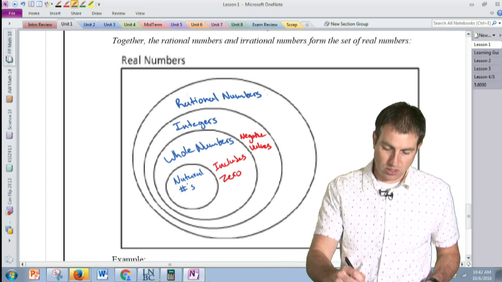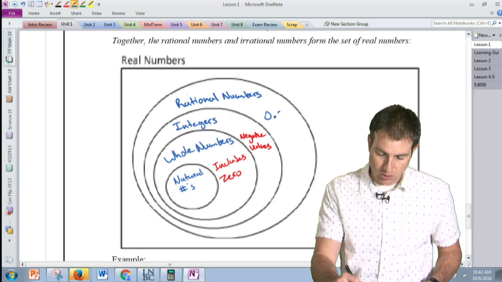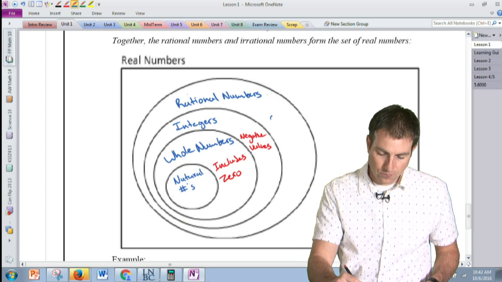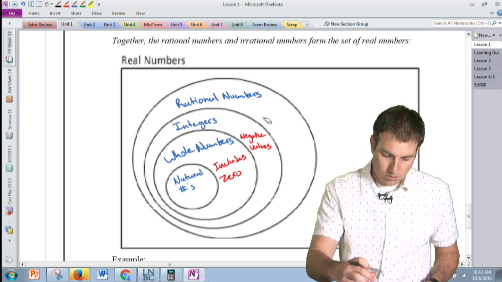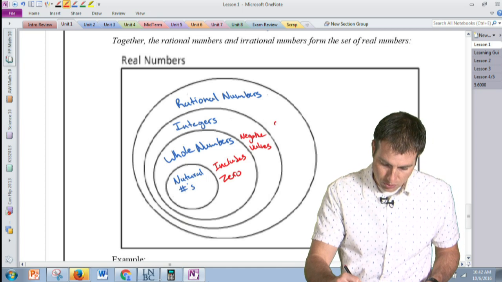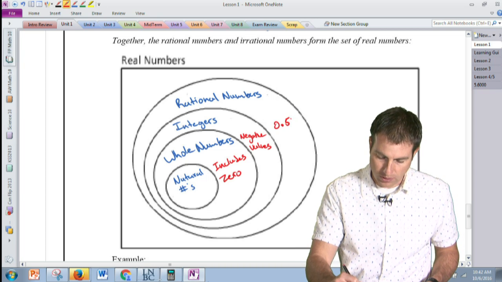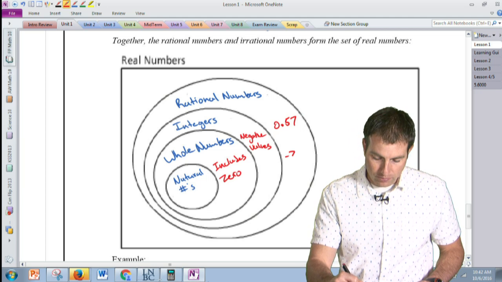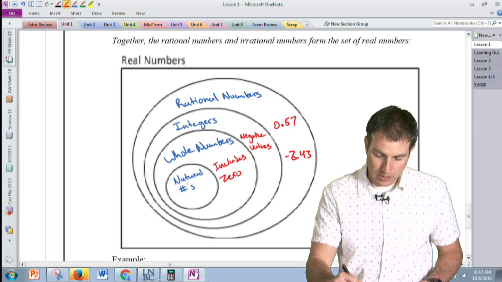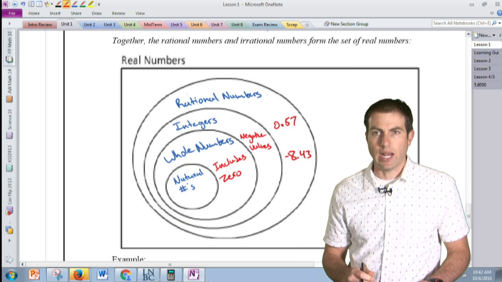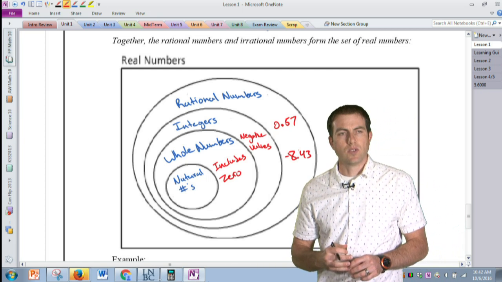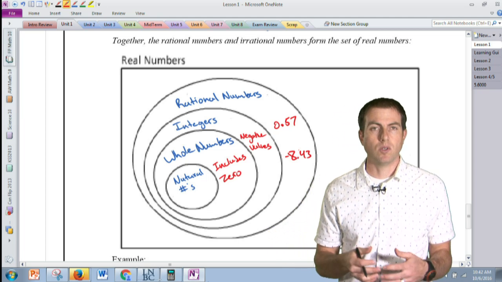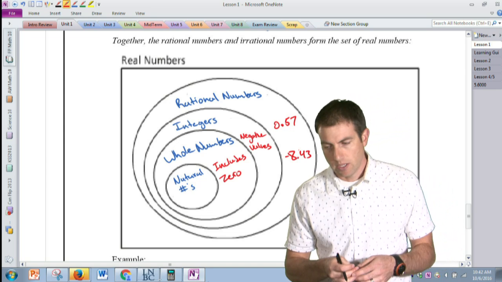These are a bunch of decimals, like 0.25, 57, -8.43. They can be positive or negative, a decimal, but the decimal has to terminate.